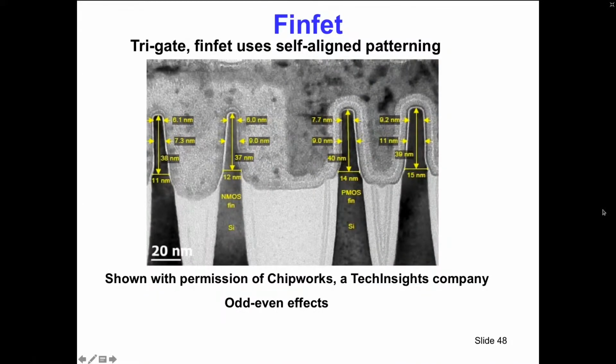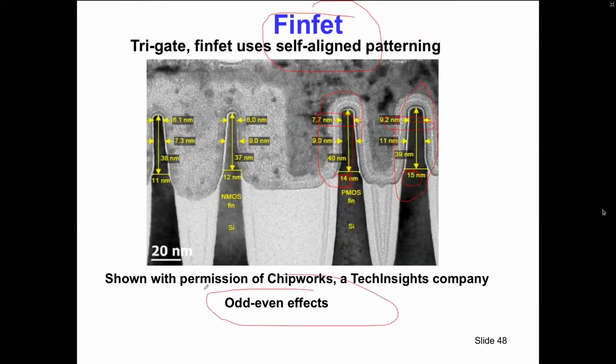This self-aligned patterning is, of course, massively used for FinFETs. And then you obviously see over here that this fin and this fin differ in dimensions. Here at the bottom, you see 14 nanometer and 15 nanometer. And here in the top, the difference is even a little bit larger, 1.5 nanometer. Yeah?